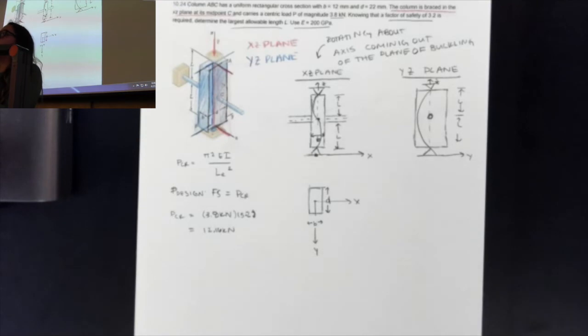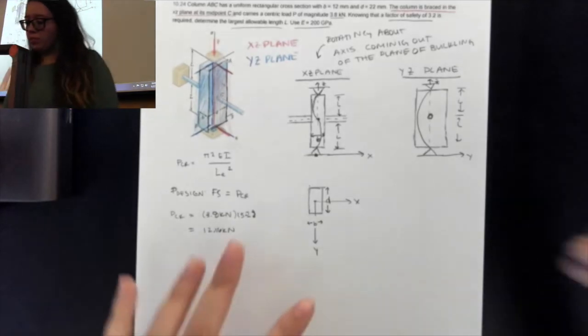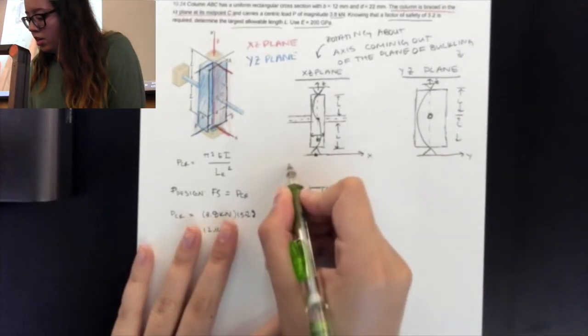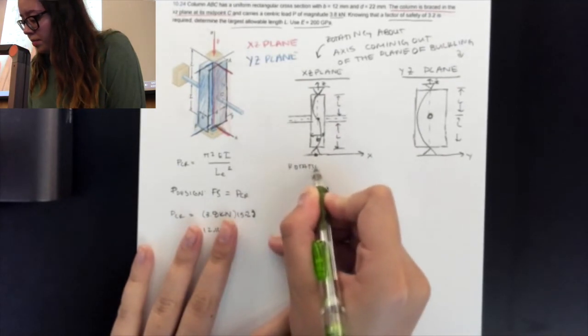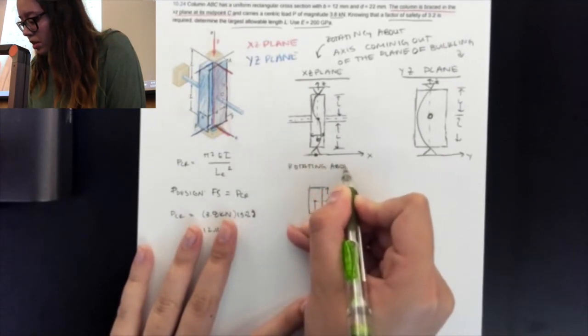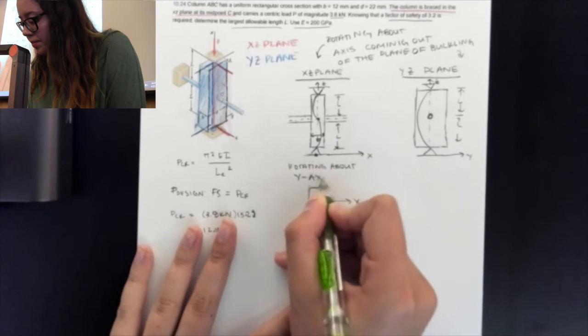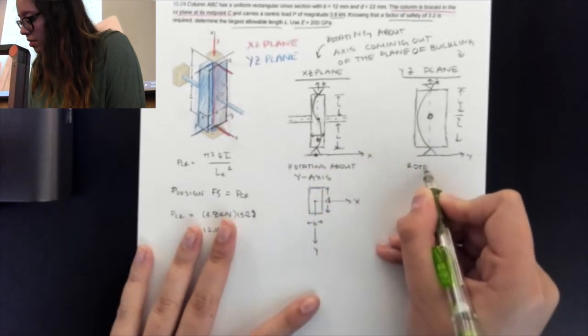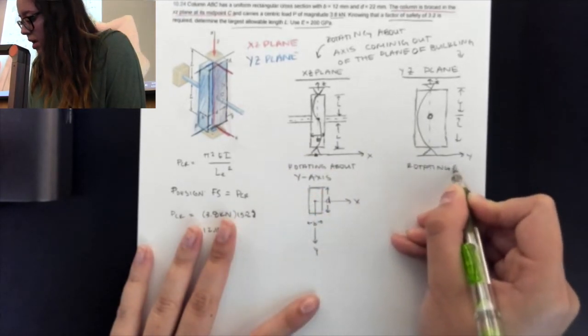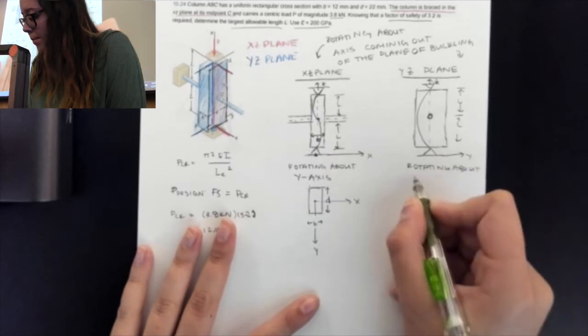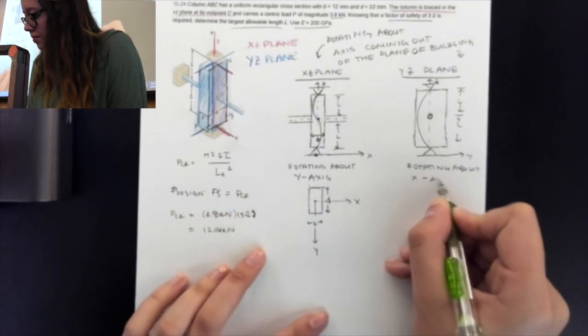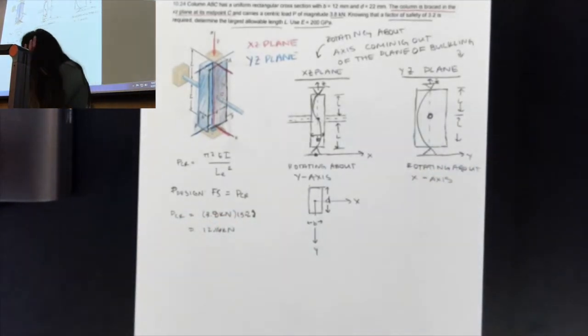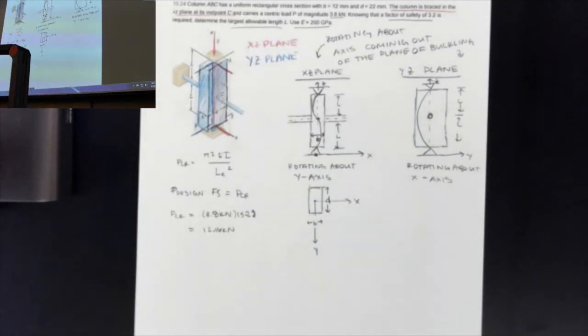We have the plane that the buckling is happening in, and then the axis that the buckling is rotating about is the other one coming out of that plane. Okay? So here we're rotating about your Y axis, and here we're rotating about your X axis. Okay? All of these things are super important to getting to the right point.